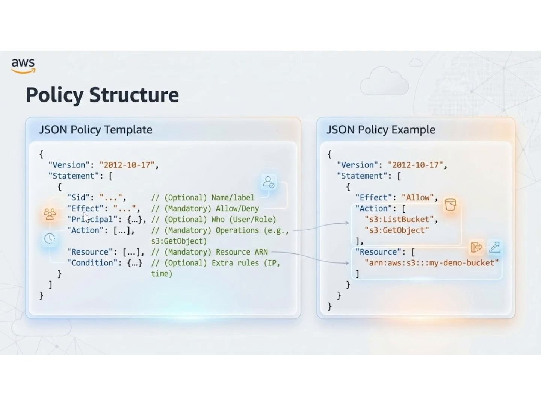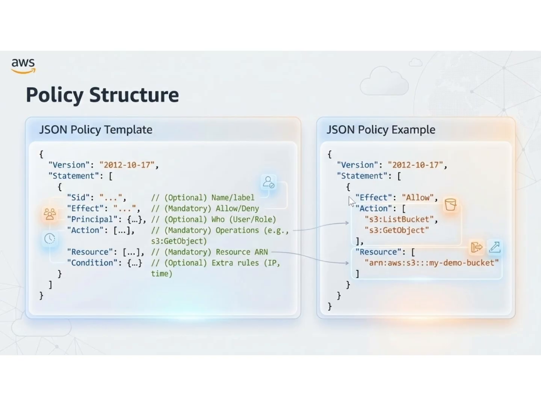So let's understand. Here in a sample policy, you can see in effect we have added allow. In the action, we have defined S3 ListBucket and S3 GetObject, which means that we are allowing only these two actions.